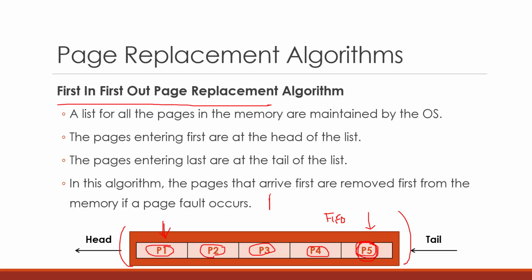So if another page, for example P6, comes and the CPU is looking for this page, P1 will go out and P6 will take its position, because it says first in first out. Whichever page came first is the oldest one. It has been in RAM for the longest time, so it should be replaced and some other page, P6, should be given a chance. So this is how this works.